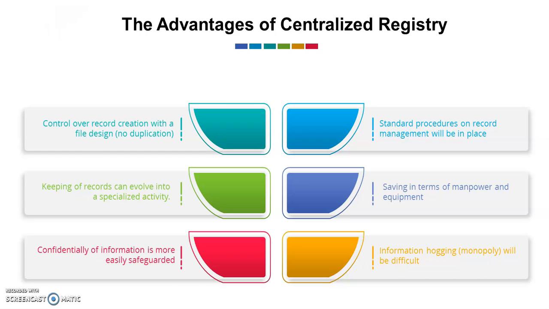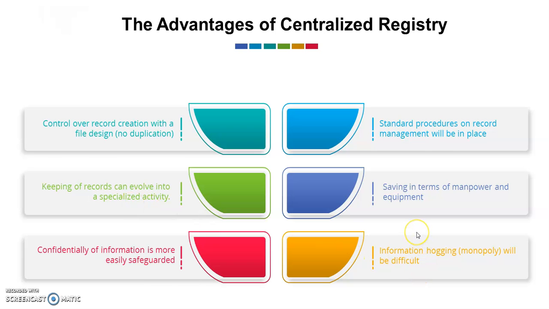It may be easier to justify staff training for those in charge of a centralized registry. Why? Because they have experience in one place, having the same policy and procedures in hand from creation until disposition. This will benefit the record manager because they have experience working in a centralized registry with standardized procedures coming from one place.